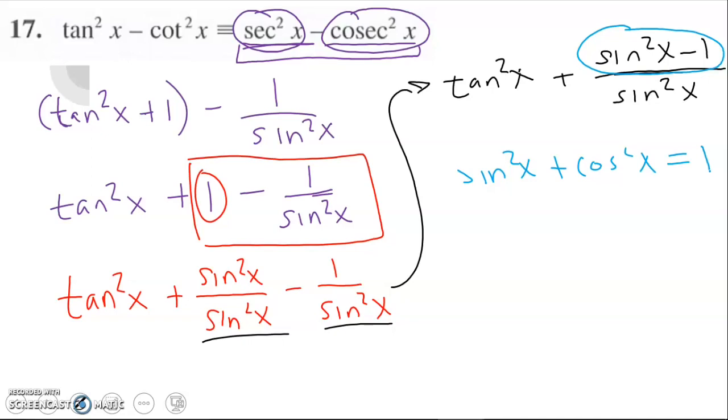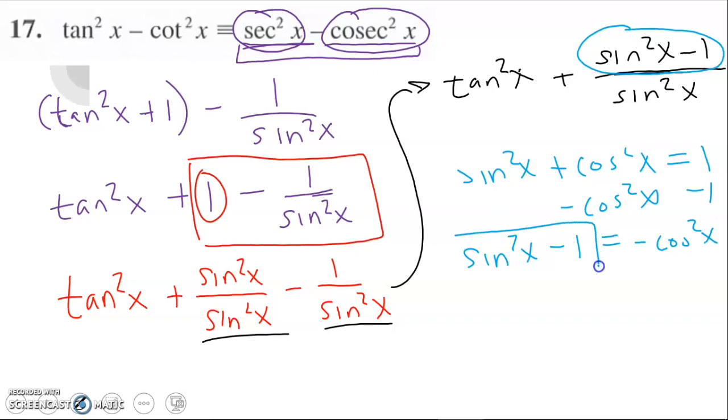Okay? So if I subtract cosine squared x and bring this one over to the other side, I'll end up having sine squared x minus 1 is equal to negative cosine squared x. Well, now I know sine squared x minus 1 is equivalent to that. Right? So I can kind of use that to my advantage to make this a bit simpler.